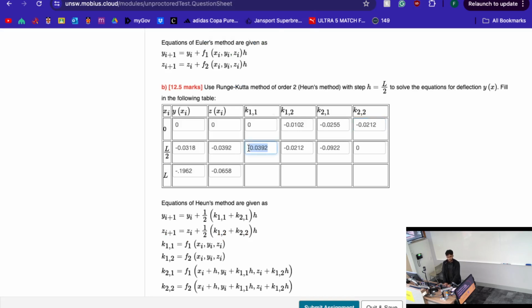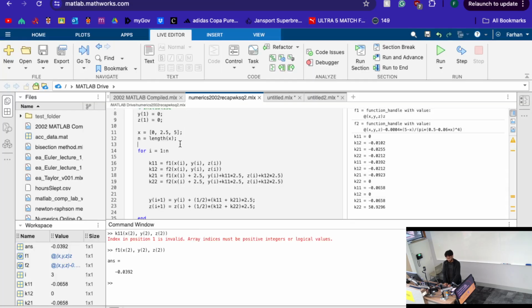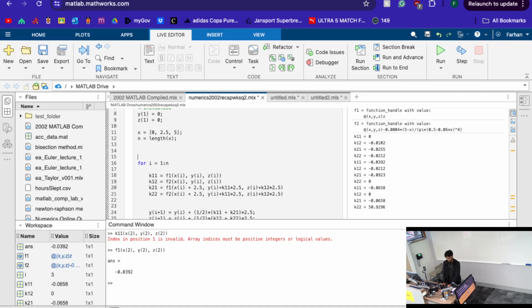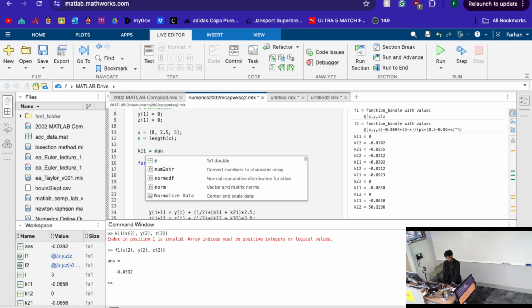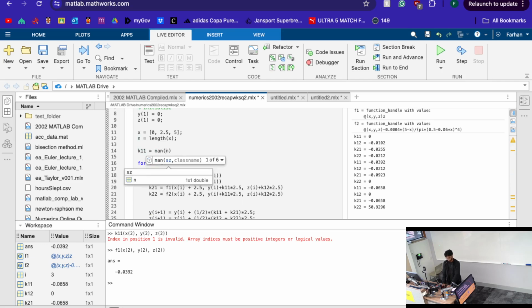You could always create an empty array and then substitute it. I'm not sure how to do that, I'll be honest. If you go K11 equals to nan, and then that would go from 1 to n. So you're creating basically a vector or a matrix that goes from 1 to n values.